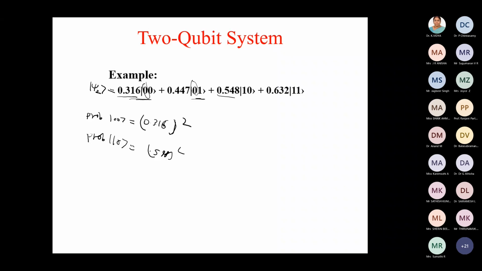Similarly, if I ask you, what is the probability of getting the second qubit as 0? 0.316 squared plus 0.548 squared. Perfect. And if I measure this 2-qubit system, what will I get? I will get either 0, 0, both qubits measured as 0, or 0, 1, or 1, 0, or 1, 1.